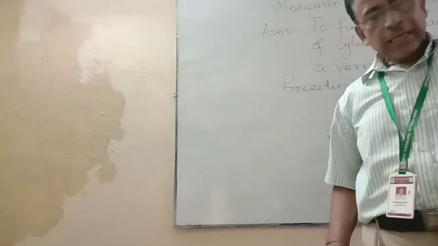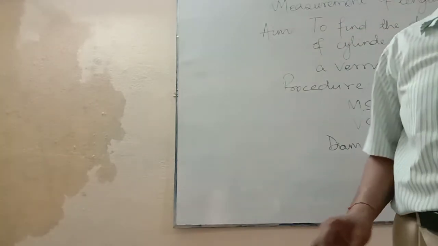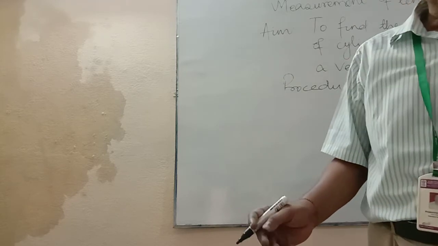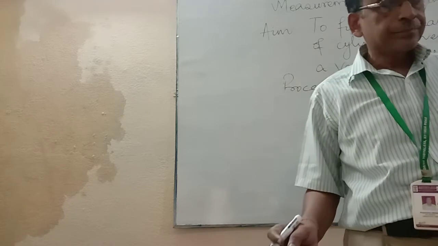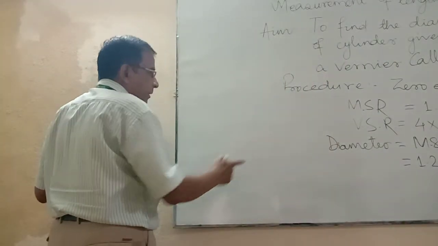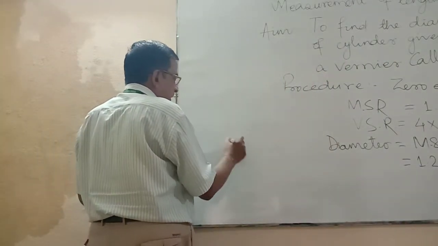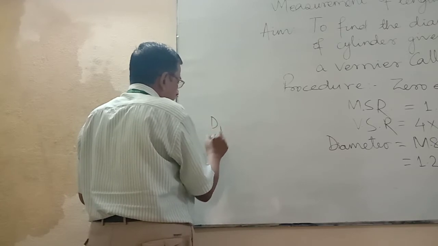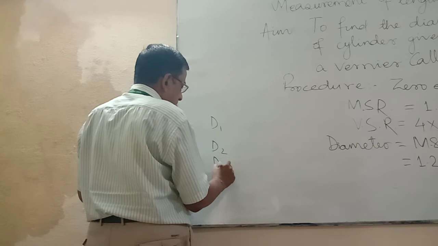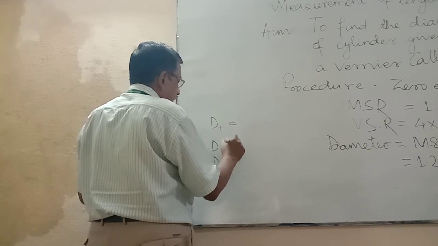So next, suppose, for example, I am giving you one thing. You have got the diameter, first one. Suppose you make it D1, then D2, then D3. Suppose 3 results are there.